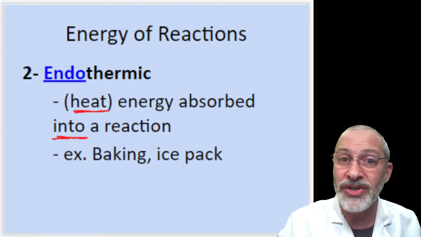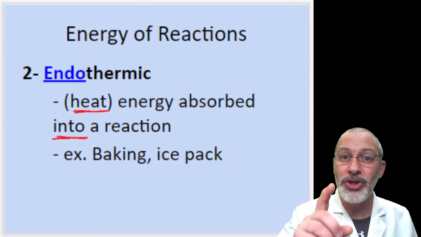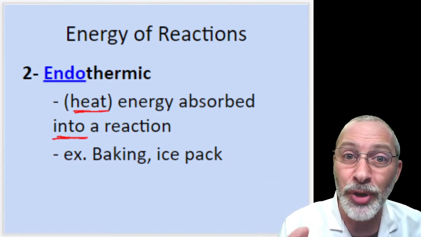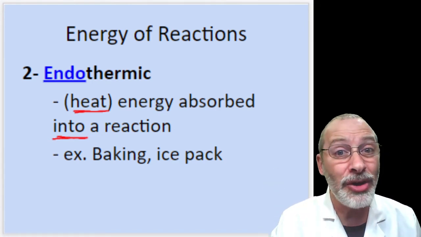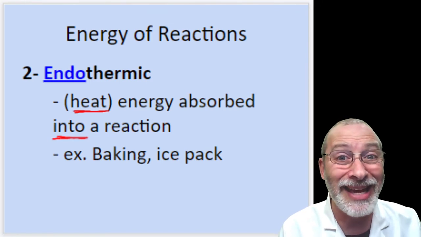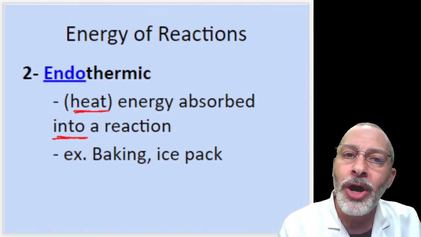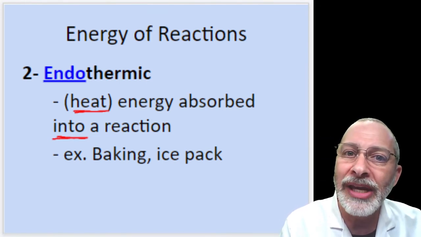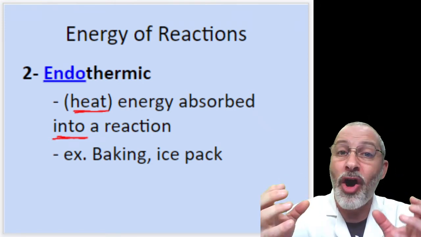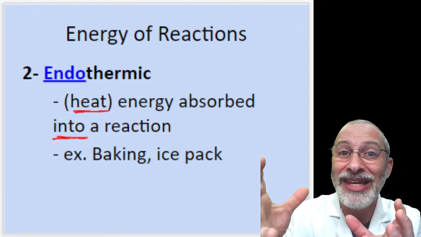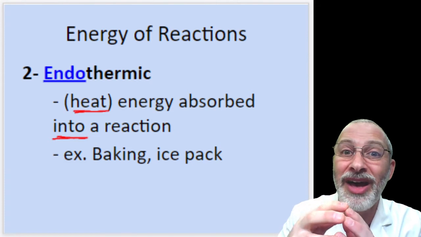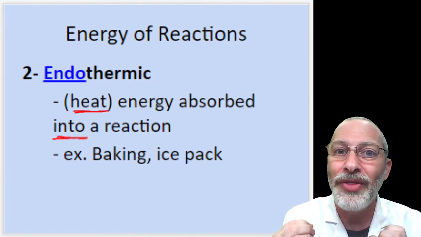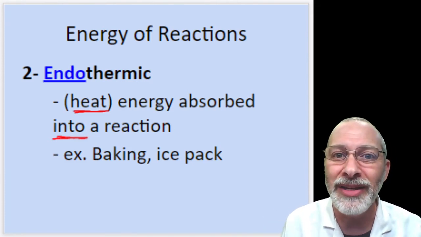Now, there's a reason why. It's because those ingredients that you have combined together are undergoing a chemical reaction, and they are literally sucking the heat energy out of the oven to make the reaction take place.